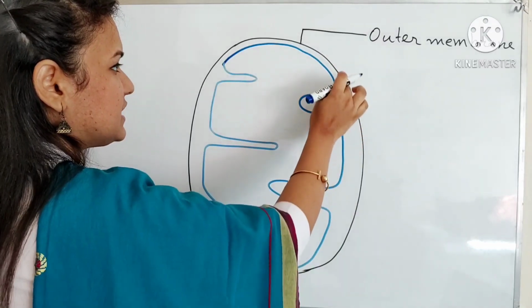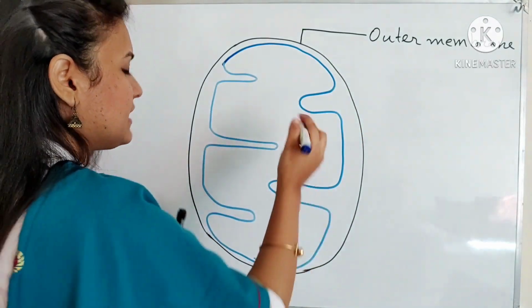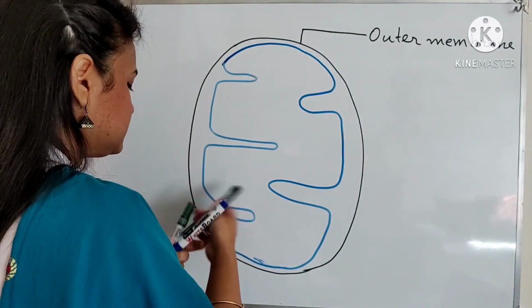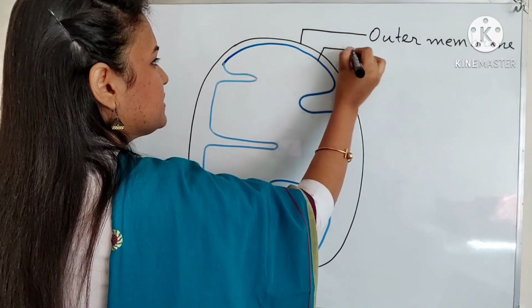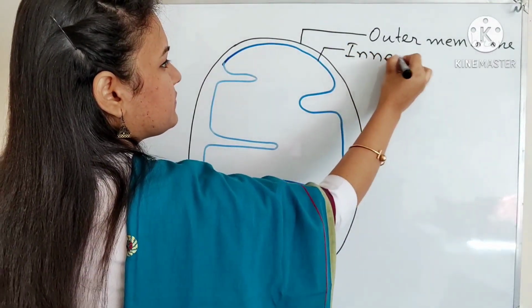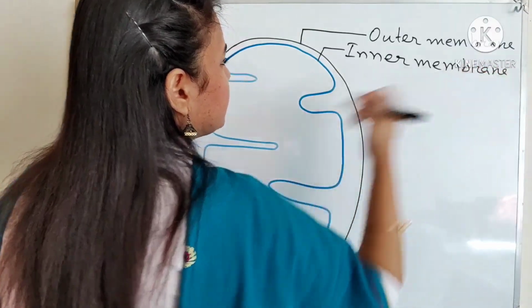So this is the outer membrane, the smooth outer membrane, and this is the inner membrane.